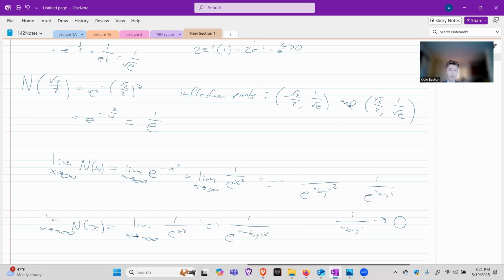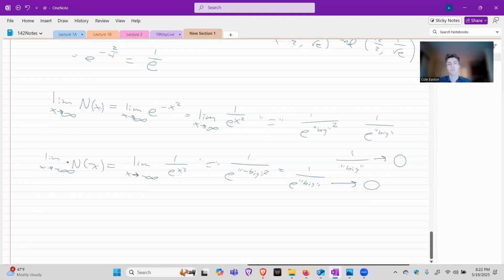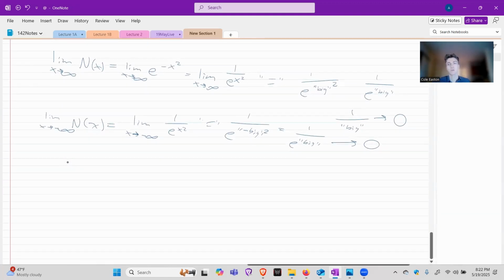But when we square a negative, it becomes positive. So that becomes e to the big number. And then just like as above, we say that that goes to 0, right? Because we just get this really big number in the denominator, right? And we think of that thing where I wrote big as a number that's just getting bigger and bigger and bigger. So we are approaching 0. So our end behavior approaches 0 in both directions, which means that we have a horizontal asymptote right on the x-axis at y equals 0.